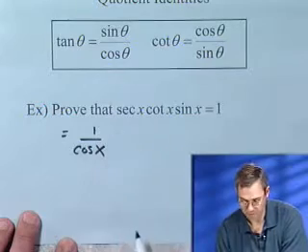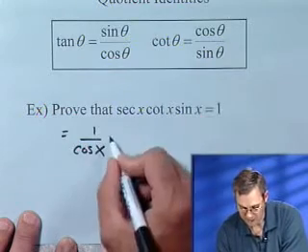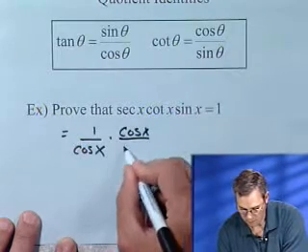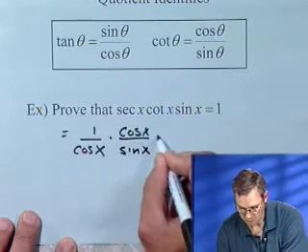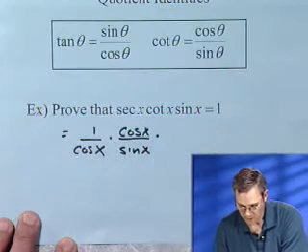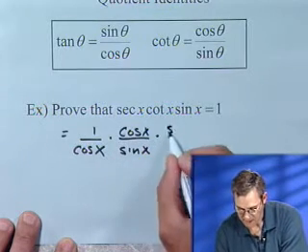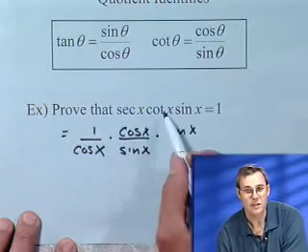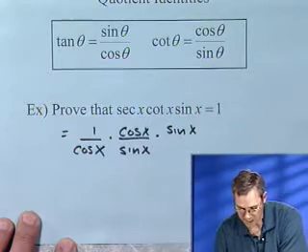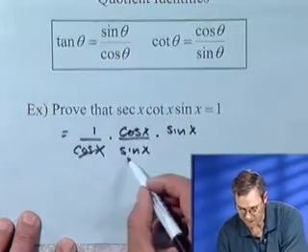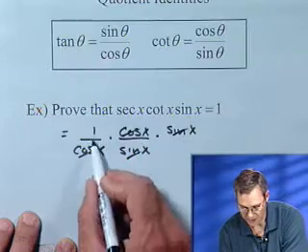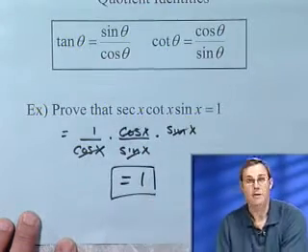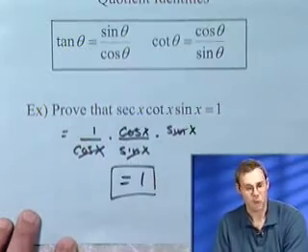Cotangent is equal to cosine over sine. And sine x is just sine x. Notice my cosines can cancel, my sines can cancel, and I get 1 times 1 times 1. And so I just proved that this expression equals 1.